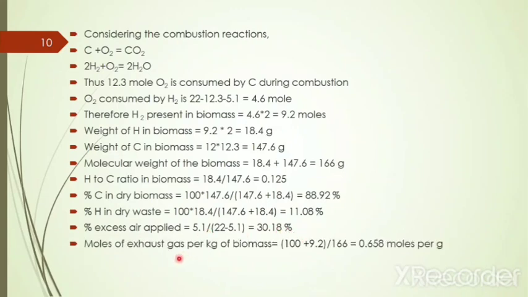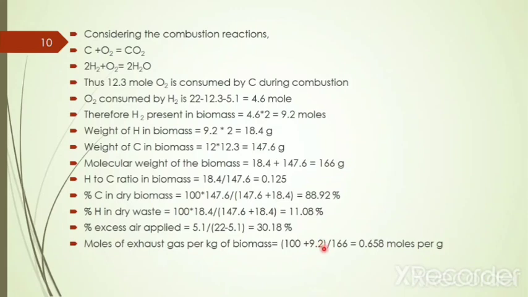And finally, the moles of exhaust gas per kilogram of biomass. So how much biomass is present? 166. And for flue gas, we have initially assumed 100 moles of flue gas, so 100 plus this additional 9.2, that we have to add.